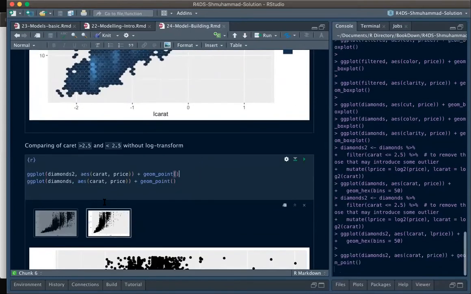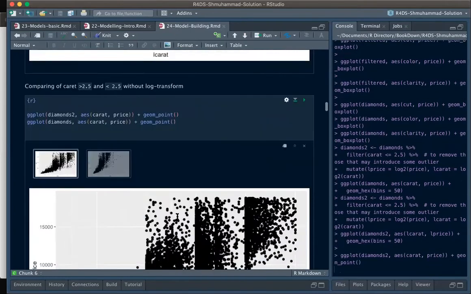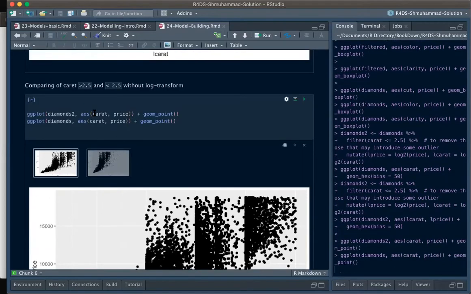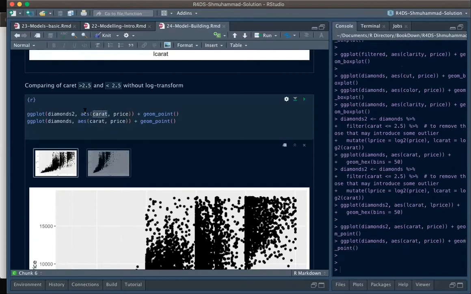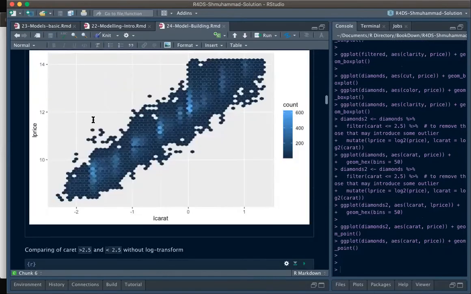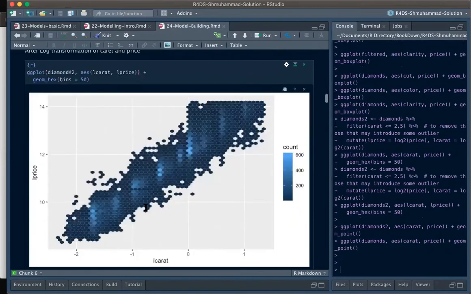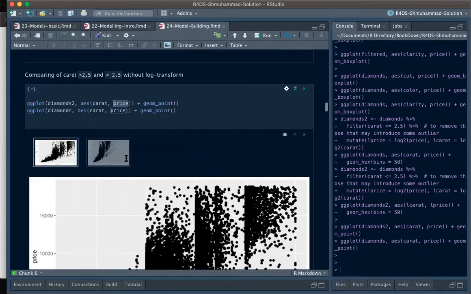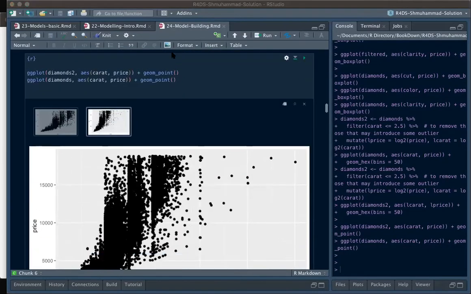So if we look at this one here, we do the log transform, but look at it here. Okay, this is the Diamond 2 data set. This is the Diamond 2, and here we put the carat, those ones that are not log transformed. I want to put log transform price here.